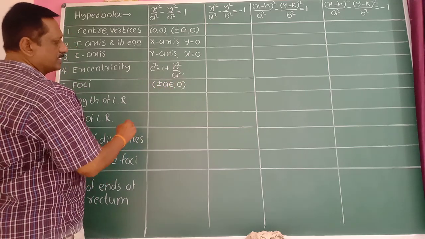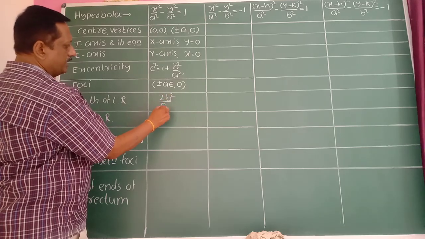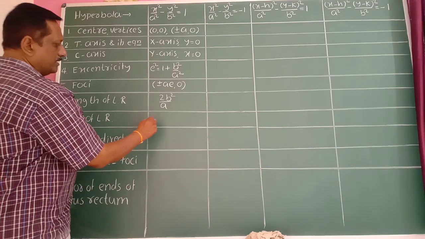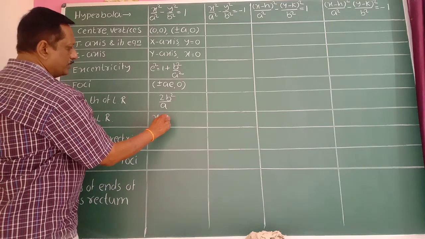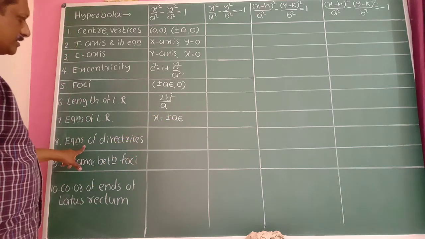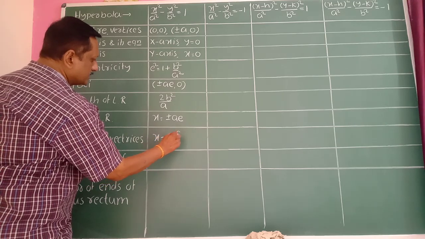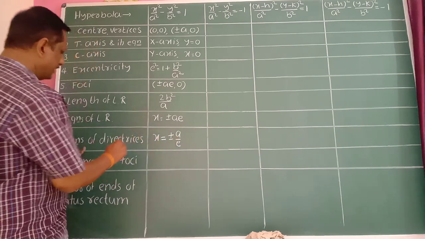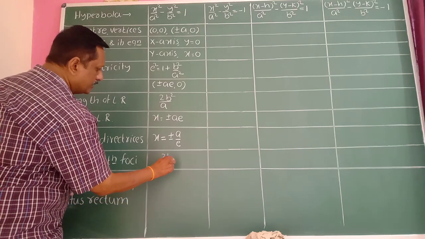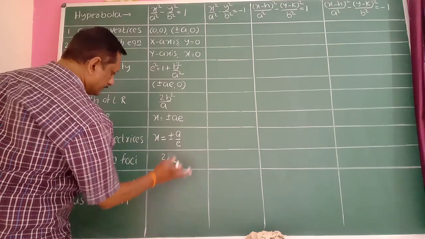Length of the latus rectum is 2b squared divided by a, and the equation of the latus rectum is x is equal to plus or minus ae. Equations of directrices: x is equal to plus or minus a divided by e. The distance between the foci is 2ae.